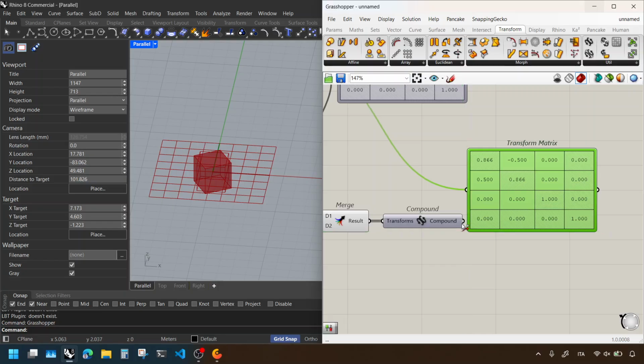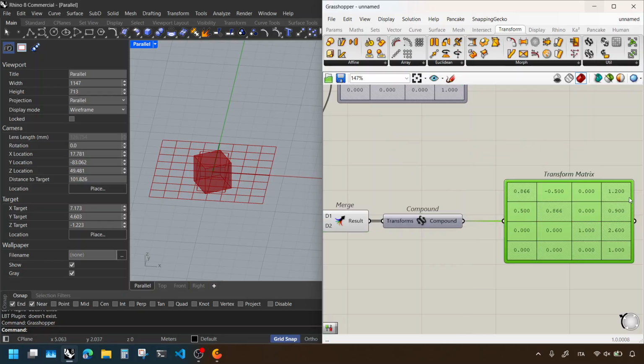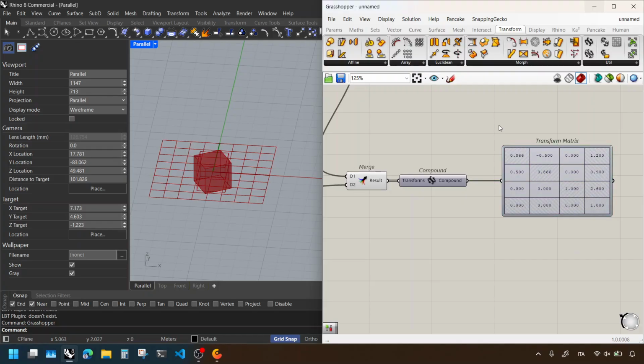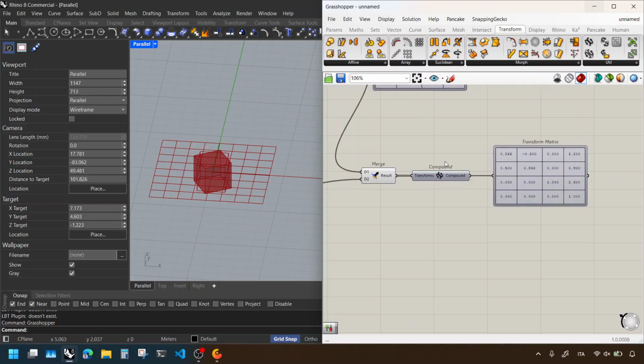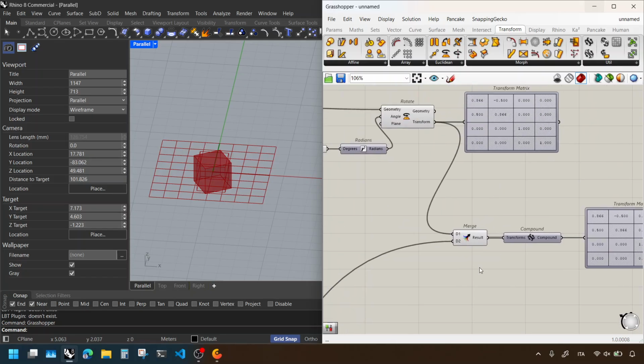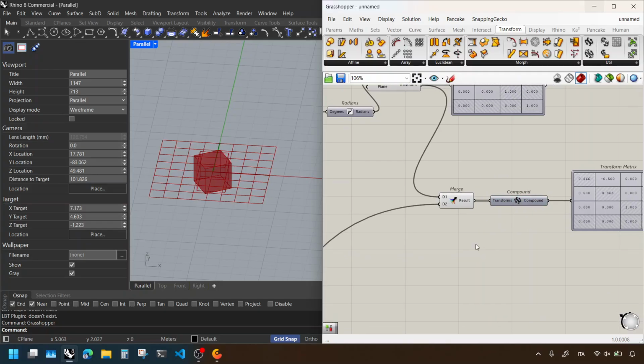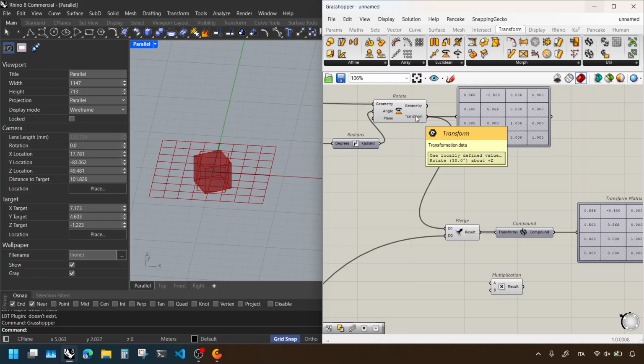And indeed, you will see that you get the rotation plus the translation here. And the way you do it is you just multiply the two matrices together. So let's do that in that way as well. Instead of doing this transform compound, you can also multiply the two matrices together as we did before, but we have to convert this transformation to a matrix in terms of what Grasshopper does.